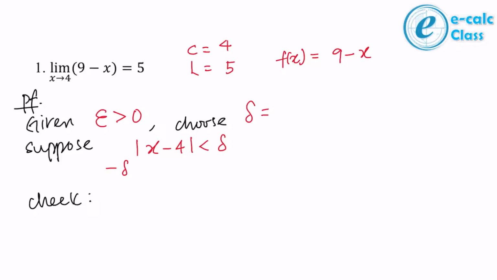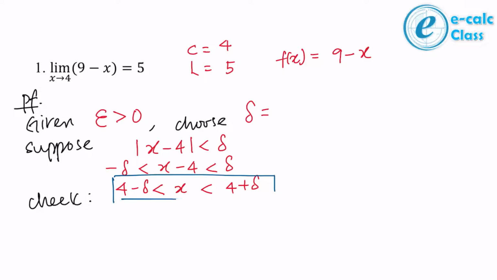Then negative delta, x minus 4, delta. I would recommend you to write it like this first: 4 plus delta, then 4 minus delta, so that later it is easier for us to compare. I'll box this out. You see, I'm running out of space here.